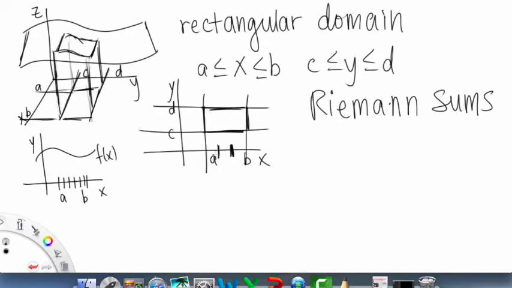And then, but also, we have to divide the y interval as well. So I'll just make that into 3 as well. So we'll have something looking like this. And then the lines extend up. Okay, I don't know if you can see that. The lines extend up and down. So we basically just divided this into 9 little boxes, or 9 little rectangles, okay?